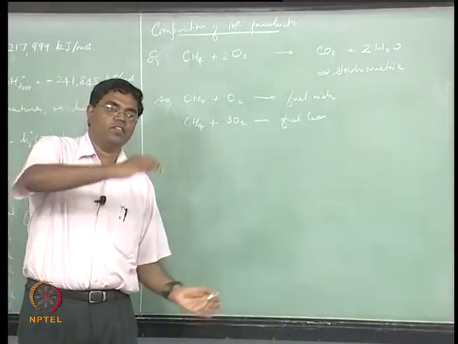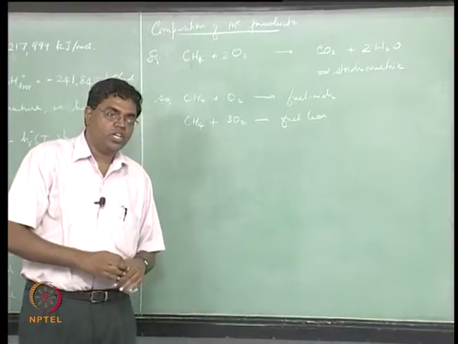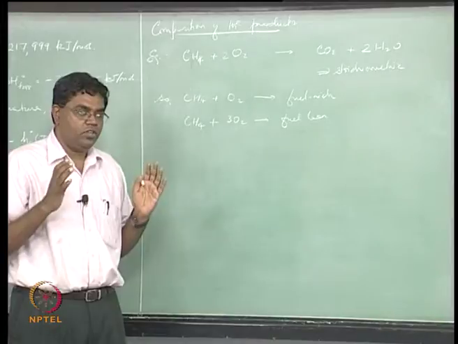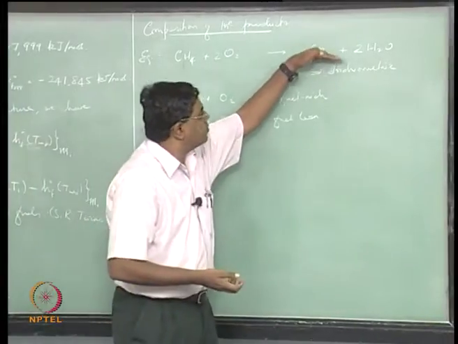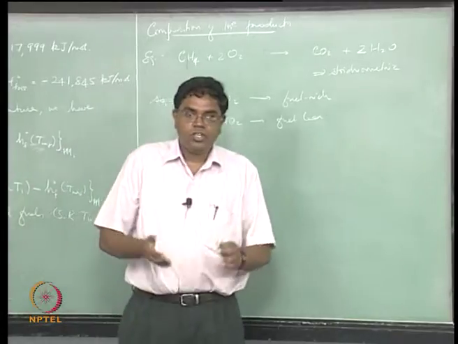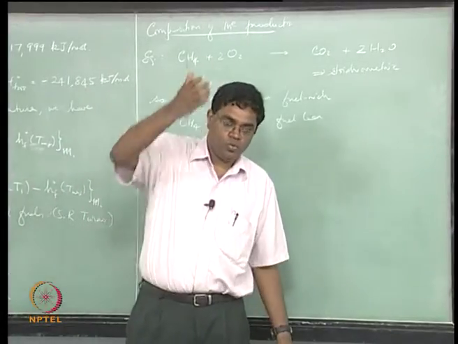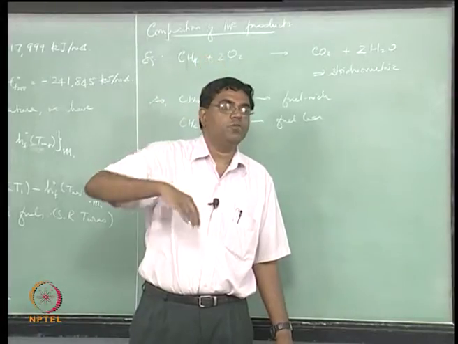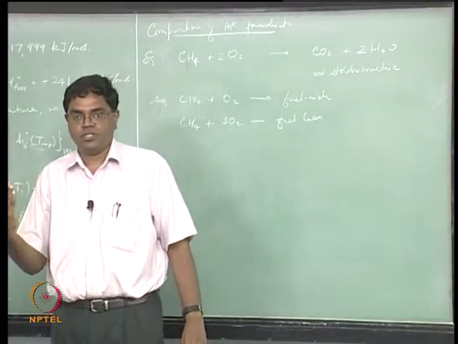Okay, so you are not going to rise a lot, whereas if you didn't have any excess, it's only these stoichiometric products that are remaining, then they are the only ones that are going to actually go high up in the sensible enthalpy. Therefore they can actually reach fairly high temperature.